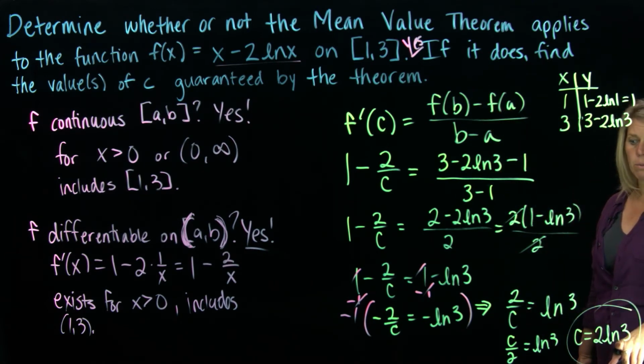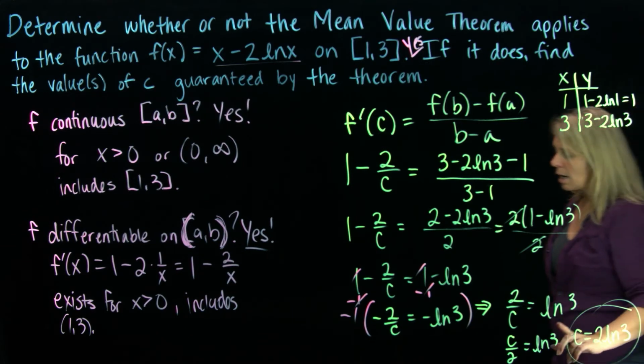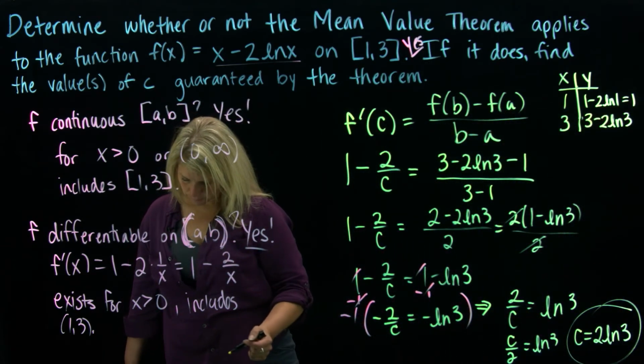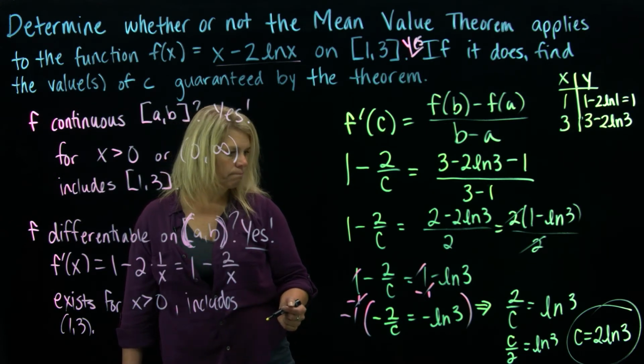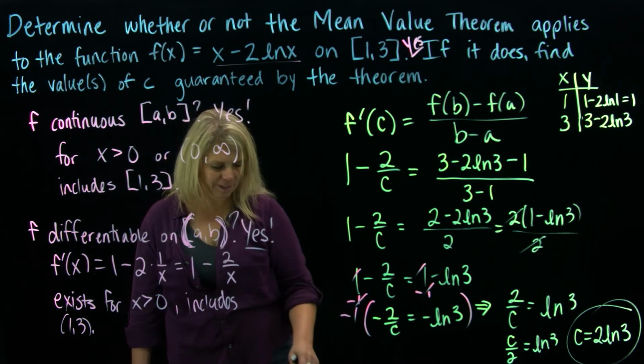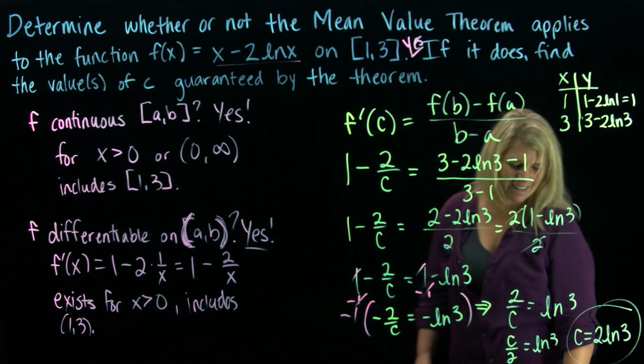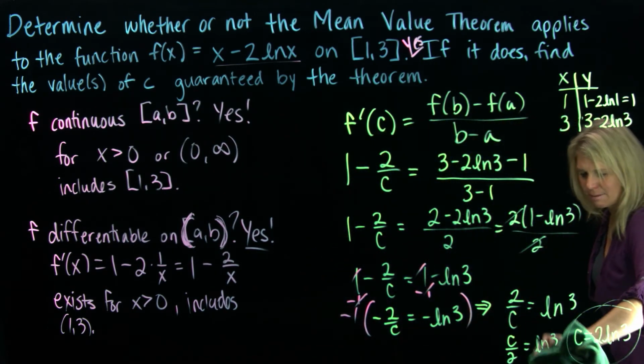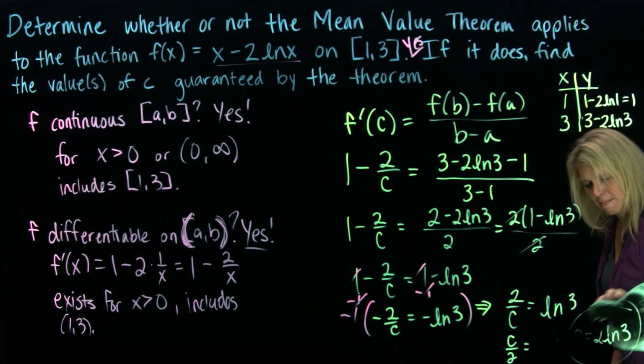So I might want to get a decimal approximation for this, which I did over here. Sorry, I did that wrong. When I take the reciprocal of both sides, I didn't take the reciprocal of the other side here.